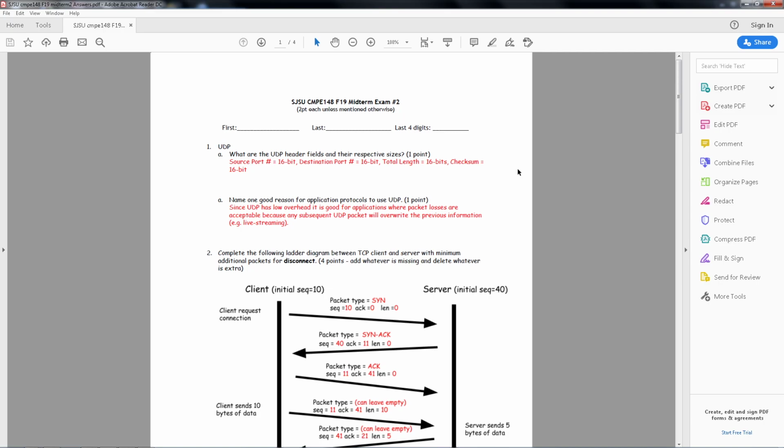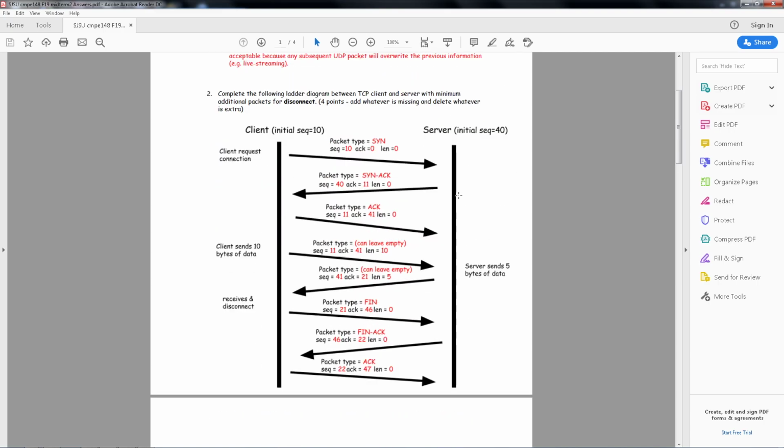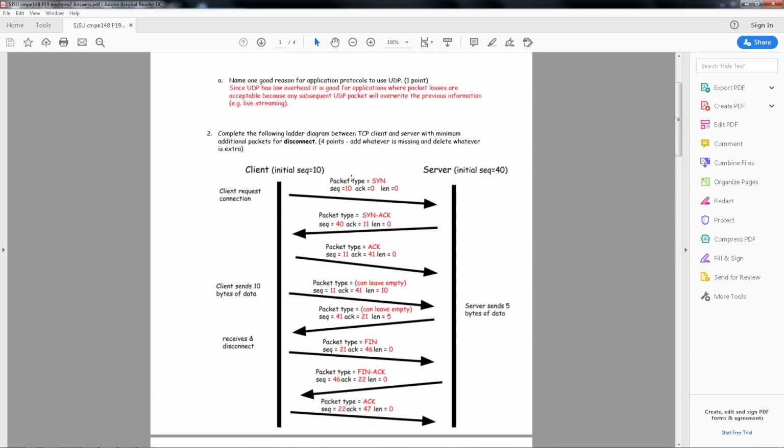Alright, so in question 2, this is a similar ladder diagram problem. We have an ISN, or initial sequence number, of 10, and for the server it's an ISN of 40. So here we have a SYN packet, sequence of 10, acknowledgement 0, length of 0, and here we have a SYN ACK, so a sequence of 40, an ACK of 11.